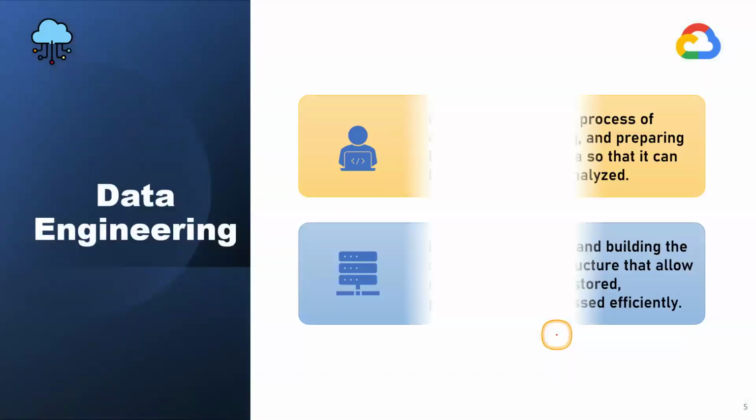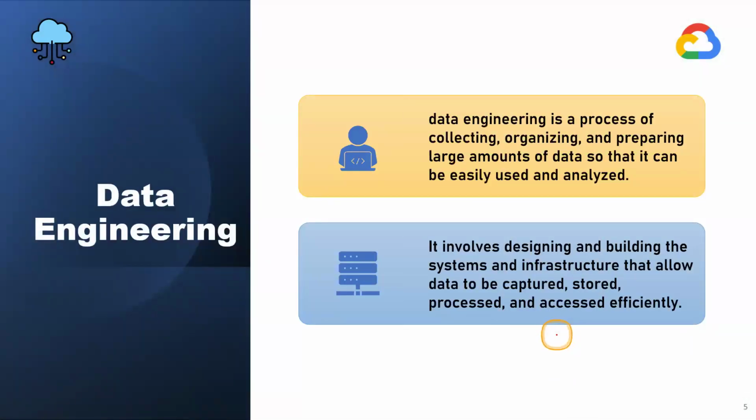As per the definition, if I have to say what is data engineering, we can look at here. Data engineering is the process of collecting the data, organizing the data, and preparing large amounts of data so that it can be used and analyzed properly. That means it is a process of extracting the data, organizing the data, and preparing large amounts of data for analysis purposes, isn't it?